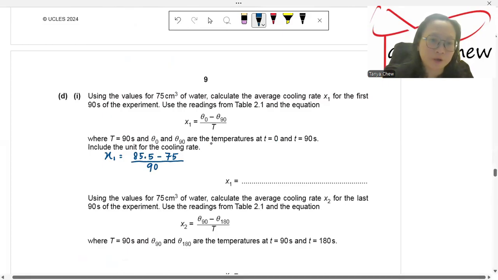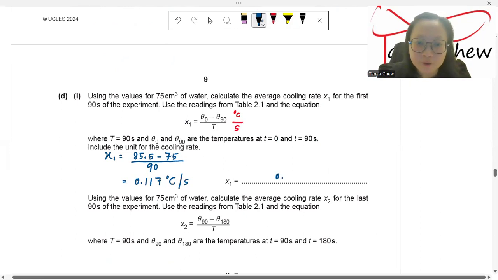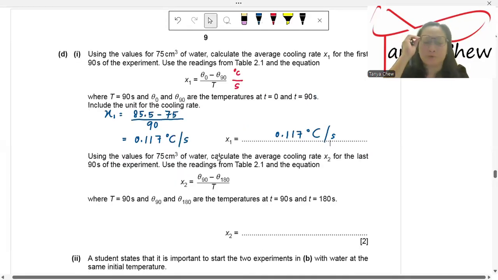So I just put 90 here. Now I got 0.117. How do I get the unit? The unit of theta is degrees Celsius, and the t is in second, therefore the unit is degrees Celsius per second. 0.117 degrees Celsius per second is the unit for the cooling rate.